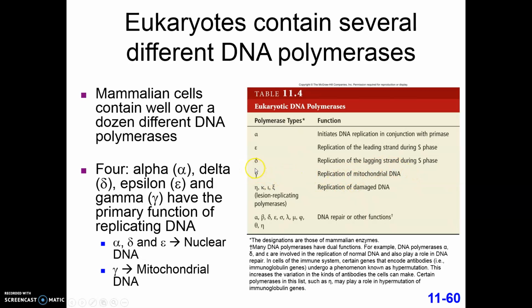We have polymerases that are involved in the initiation process, and these are acting in conjunction with primase. And then we actually have different polymerases, one acting on the leading strand and one acting on the lagging strand.